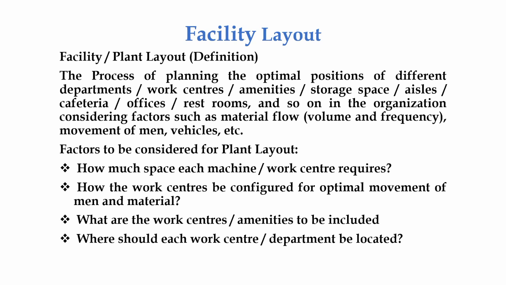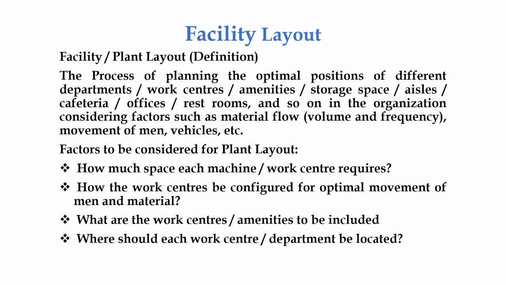The next factor is what work centers or amenities are to be included. There are several work centers, which depend on the type of product, its design, and the processes. Amenities to be included also depend on the type of organization, the nature of product and the process, and where each work center or department should be located.